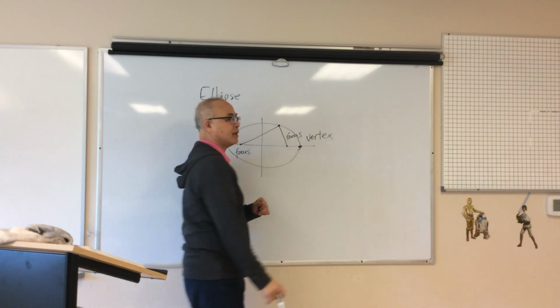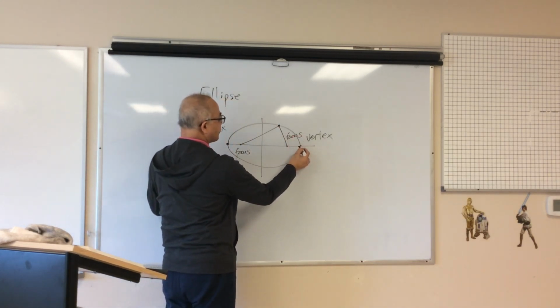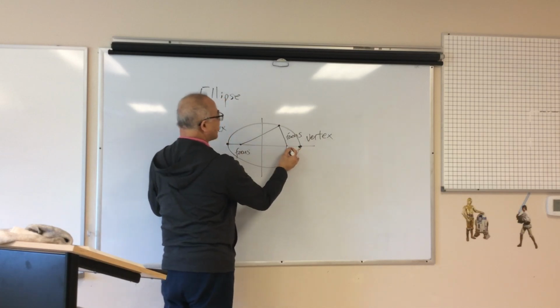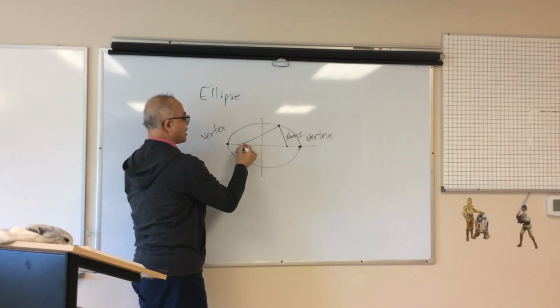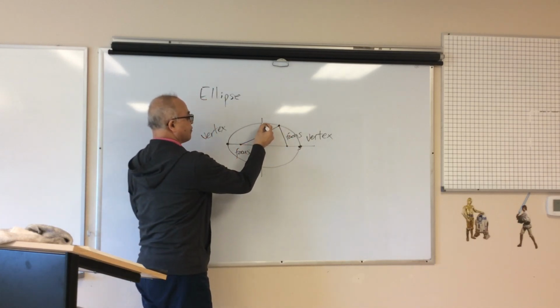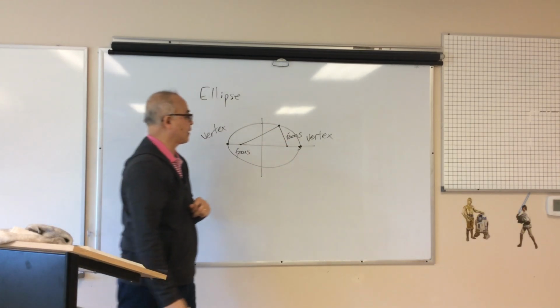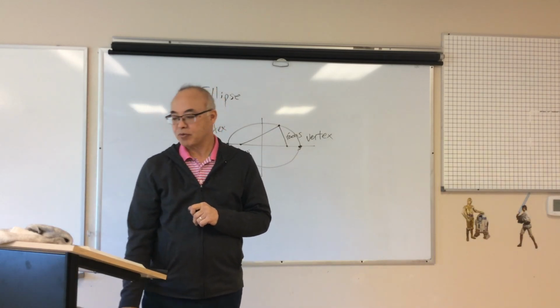So if I go all the way down to here, that distance plus this distance is the same as this distance plus this distance, added together.